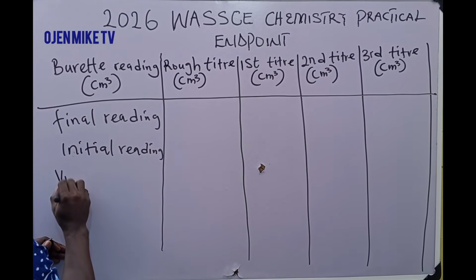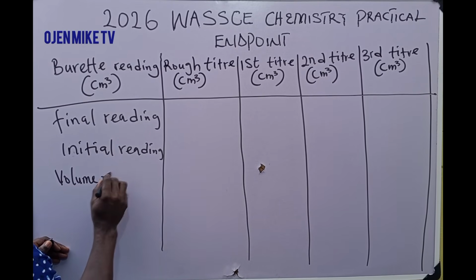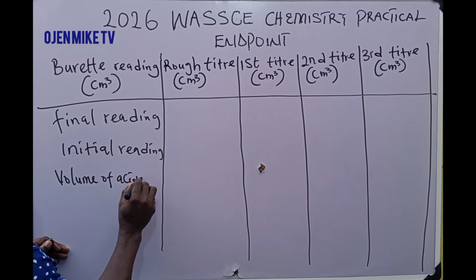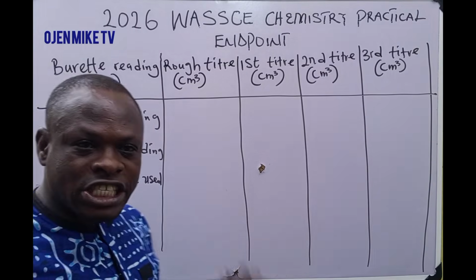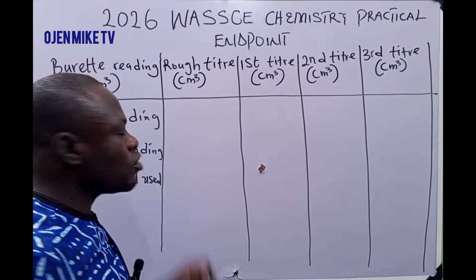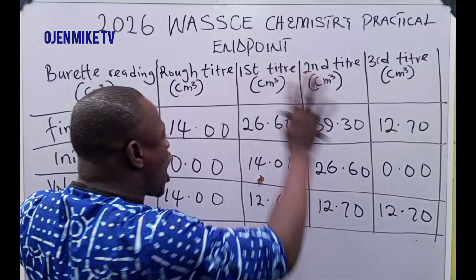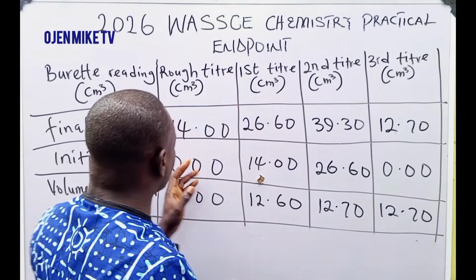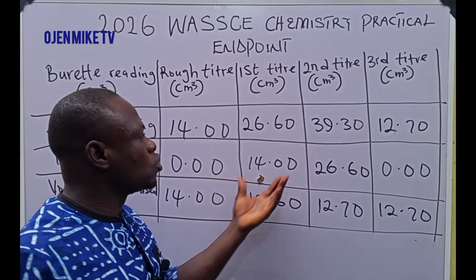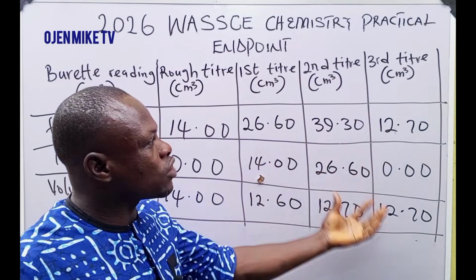And you have volume of acid used. This is how your table should look like. You have your rough, which you are not going to use. You have your first, your second, and your third.